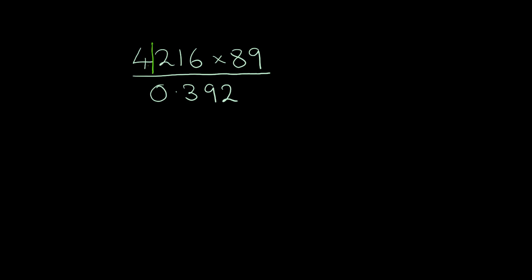So to one significant figure, this 4,216 would be 4,000. And then here we've got 89. So you could round it to 90, but I don't particularly like multiplying by 90, so I'm actually going to round it to 100.